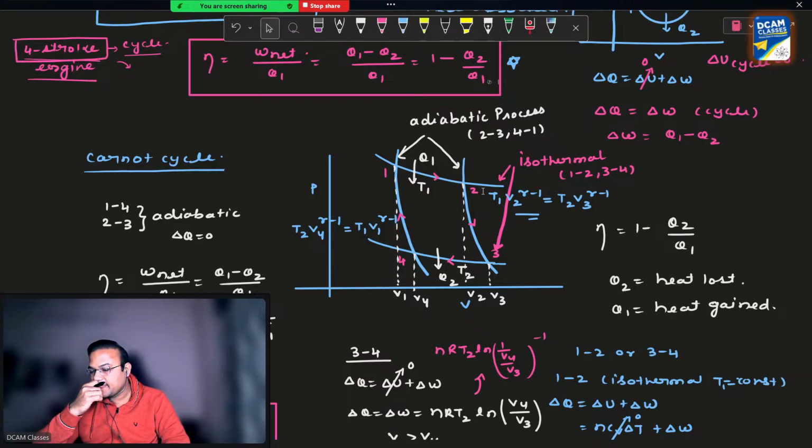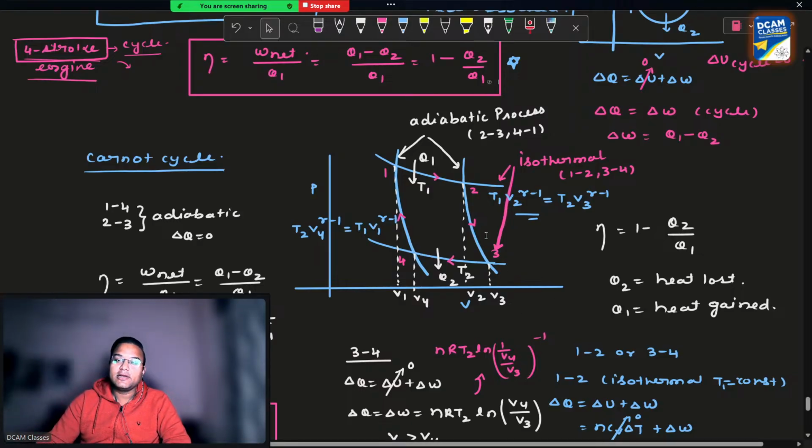Okay, like that also you can think. Easy one. This practical observation will work here. And again, in the process 3 to 4, volume is decreasing, which means heat should be lost.